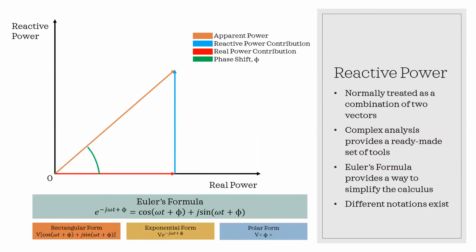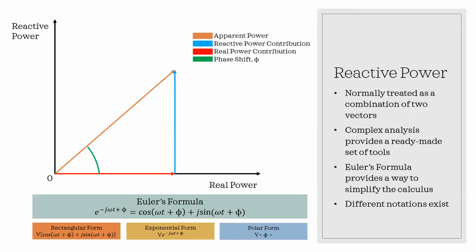Phasor analysis is predicated on Euler's formula, as seen at the bottom of the screen, which allows us to treat sinusoids as a set of complex exponentials, which greatly simplifies analysis. It is so much simpler to keep track of and take derivatives and integrals of complex exponentials than to keep track of a whole sum of sines and cosines all around.